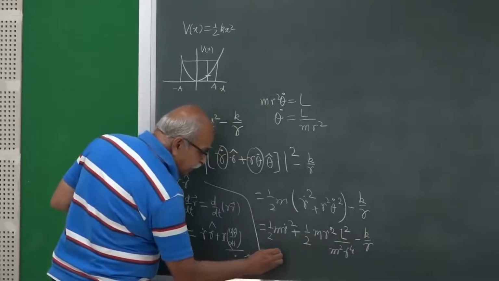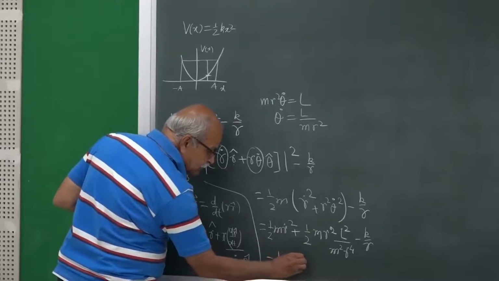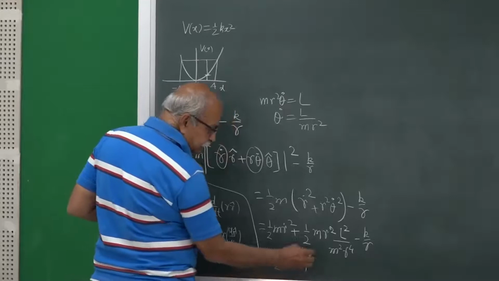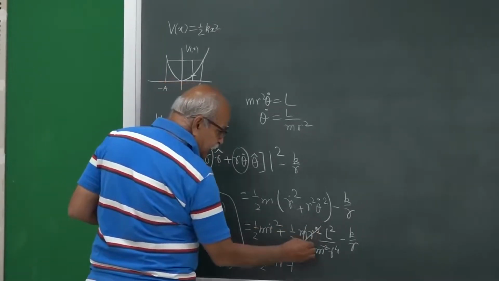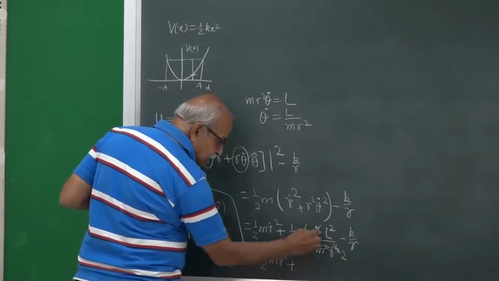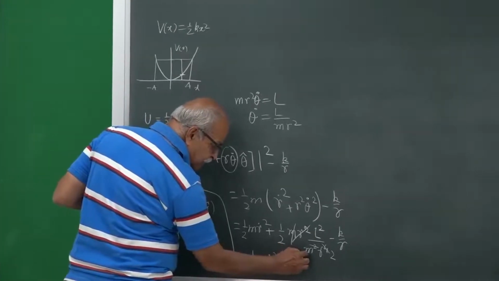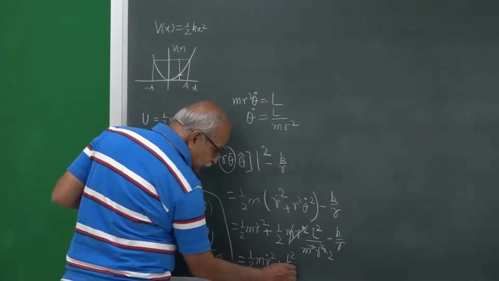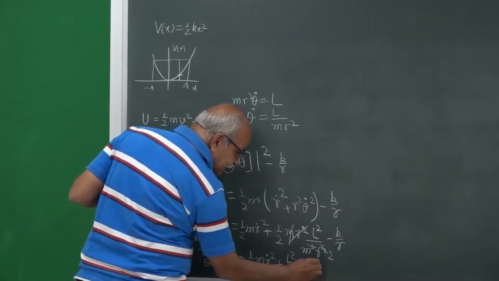So, this is half m r dot square, plus, the m cancels and r square is left in the denominator, L square divided by 2 m r square, and then minus k by r.